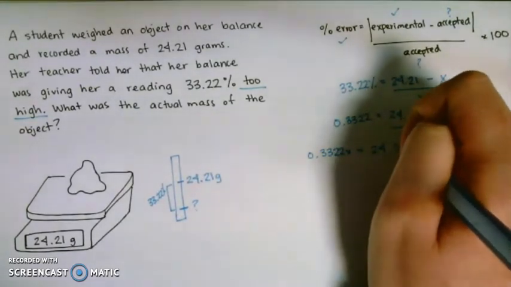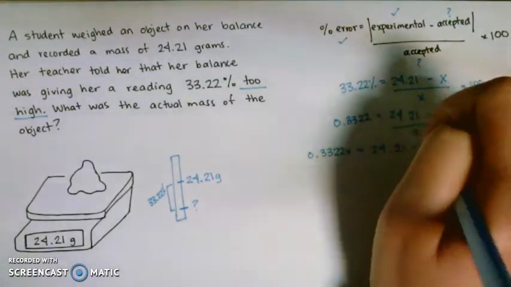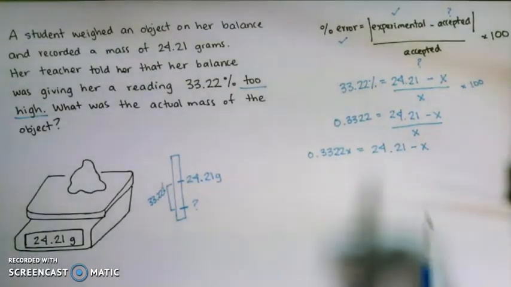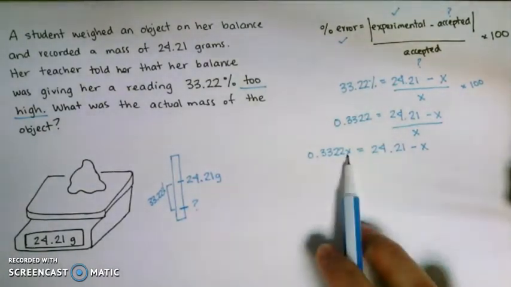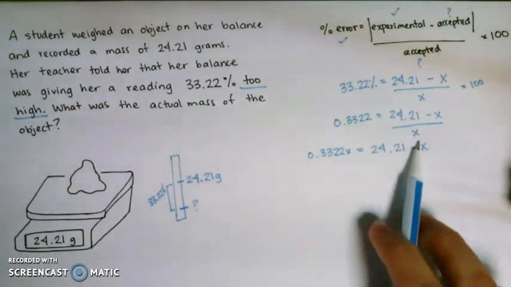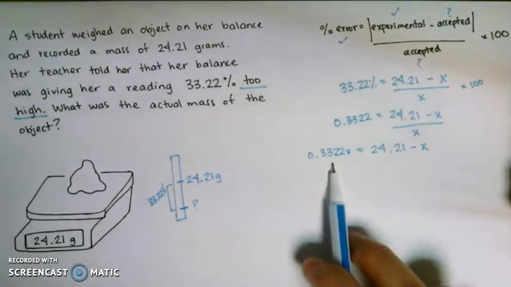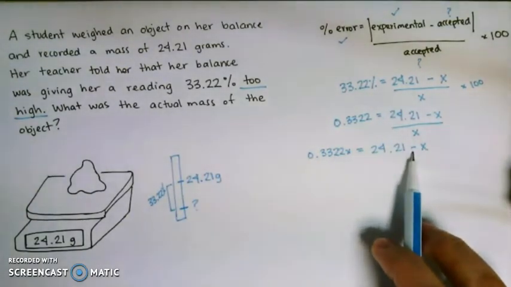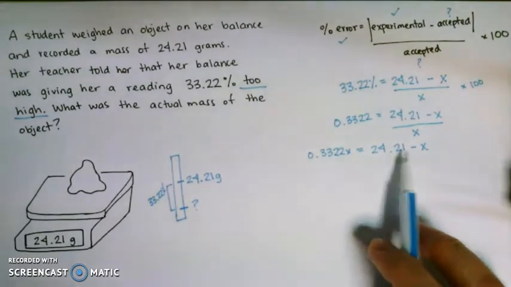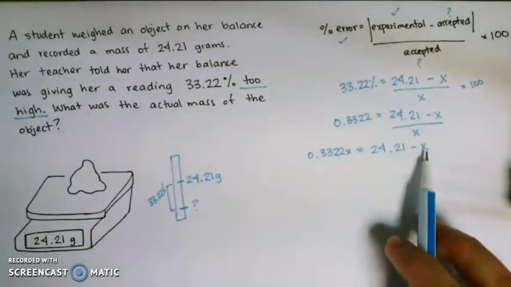24.21 minus X. I need to bring x's on the same side, so I'm going to bring this one right here. I'm going to bring it to this side. This x is subtracting the 24.21, so I'm going to bring it using the opposite sign.